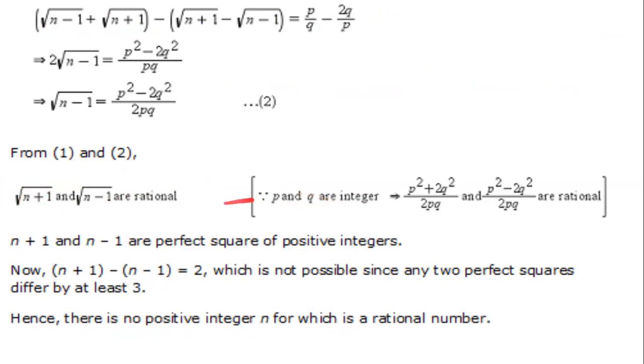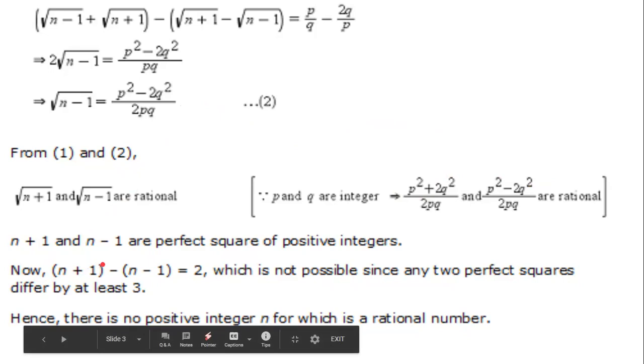I have given you the reason here. These p and q are integers, and p square plus 2q square upon 2pq and p square minus 2q square upon 2pq are rationals here. So you are taking these two as rationals and these are giving some values there. So n plus 1 and n minus 1 are perfect squares of positive integers.